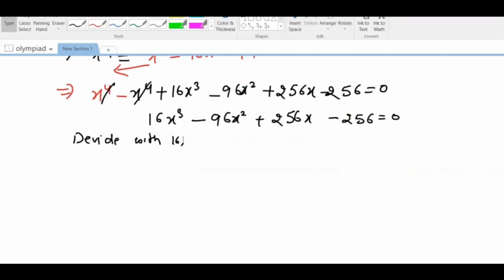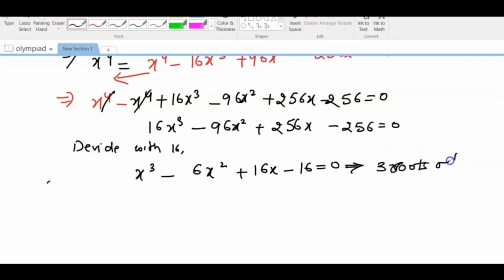We'll get x cube minus 6x square plus 16x minus 16 is equal to 0. Now we need to solve this equation and find the value of x. So obviously it's a polynomial equation of degree 3, so we should get 3 values, or roots, of x.